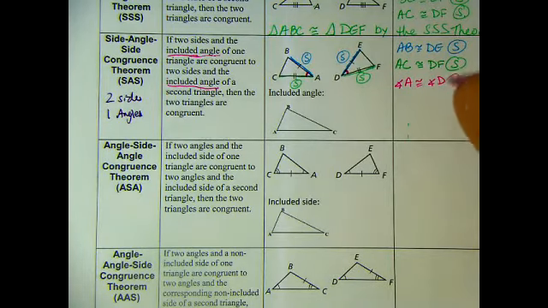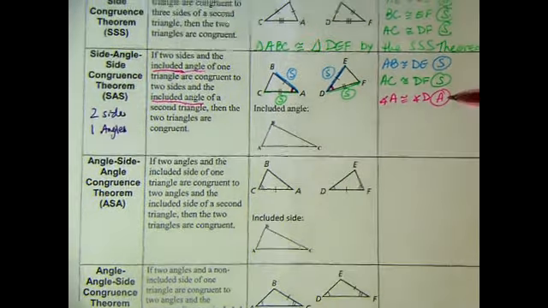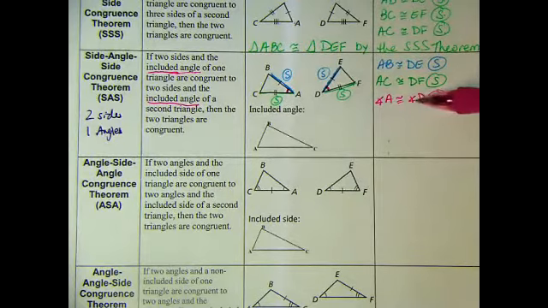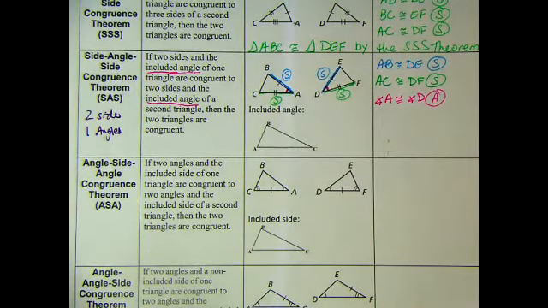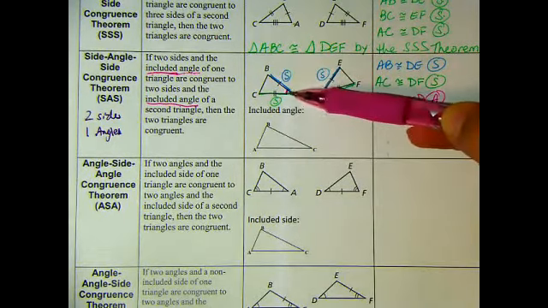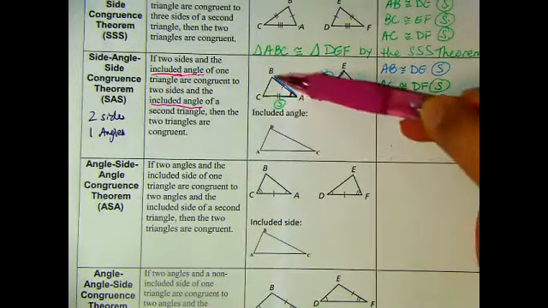This is my angle. I have to make sure though, are angle A and angle D included between the two congruent sides that I have? So I look at angle A. Is it between my two congruent sides? Is it the angle that is being created by those two sides where they meet?